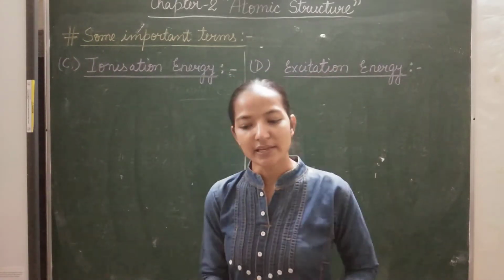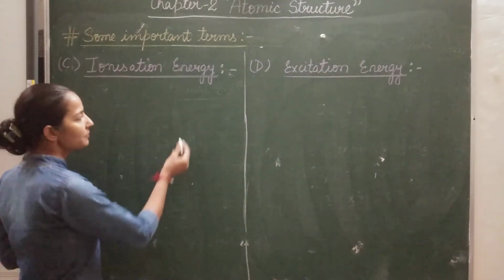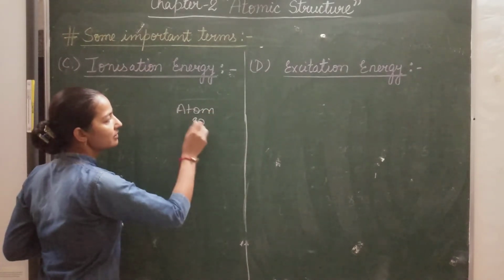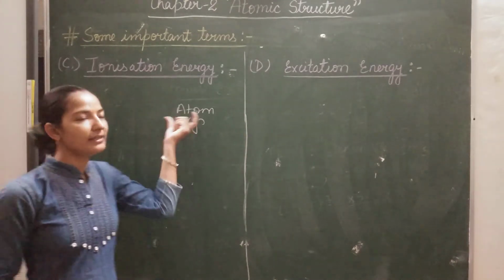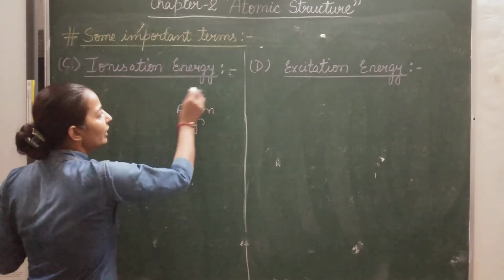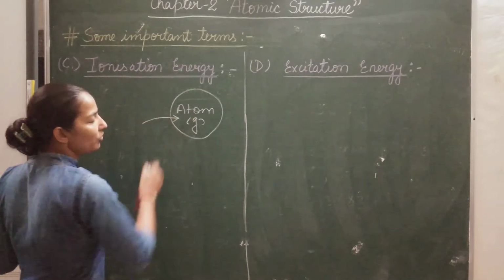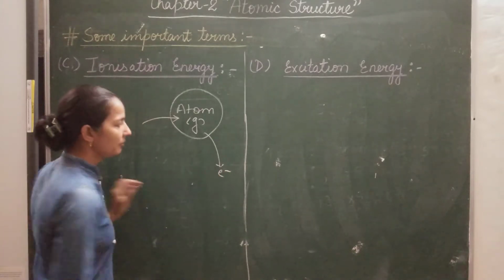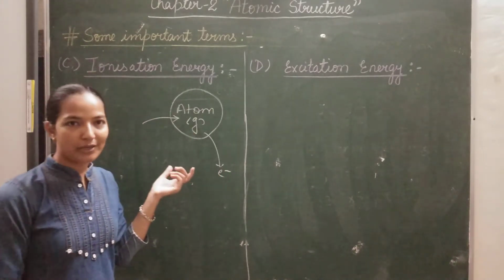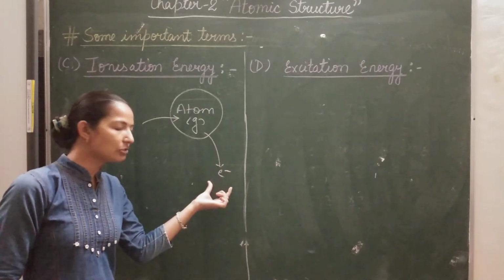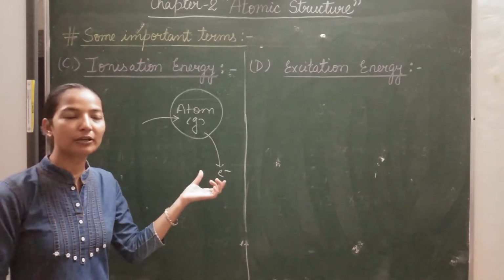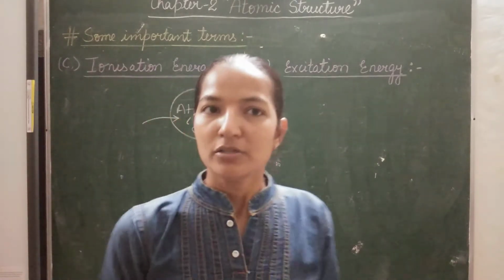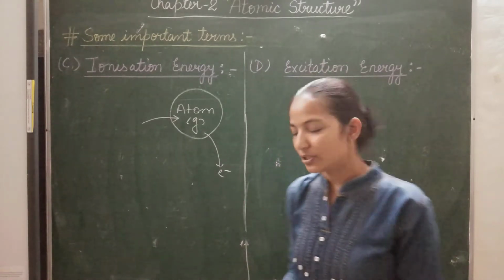If any atom is present in its gaseous state, an isolated atom, and we are giving a large amount of energy to the atom to remove an electron from the atom, that energy is called ionization energy. Because as soon as the electron is removed from the atom, it is converted into an ion.